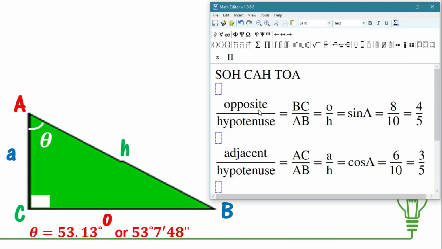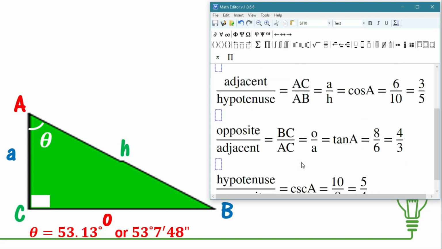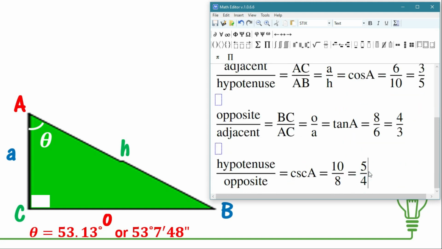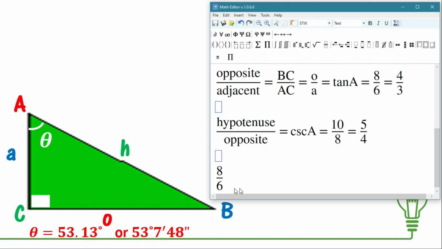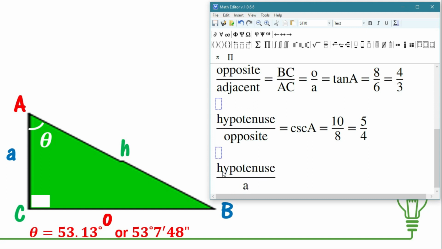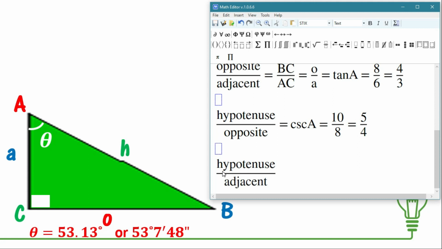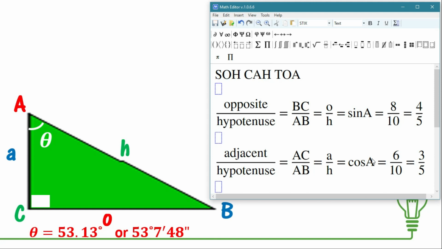So, tapos na tayo kay opposite over hypotenuse, na reciprocate na natin siya. Let us proceed with adjacent over hypotenuse. Meaning to say, ang ating magiging next function would be hypotenuse over adjacent side. Okay? Since ang given natin ay angle A, so we have the secant of A. Since reciprocal lang naman si secant ni cosine, ibig sabihin, ang magiging ano natin would be 10 over 6.